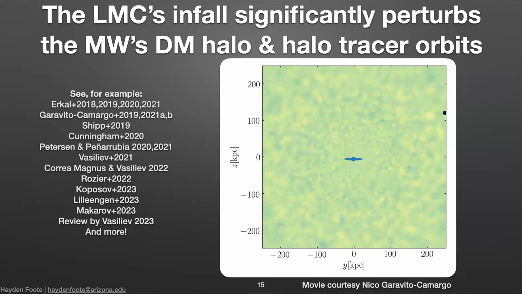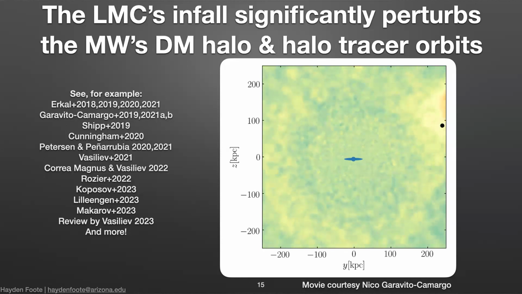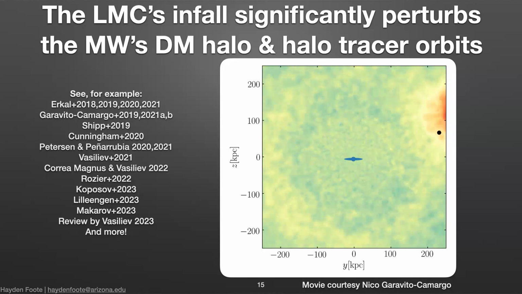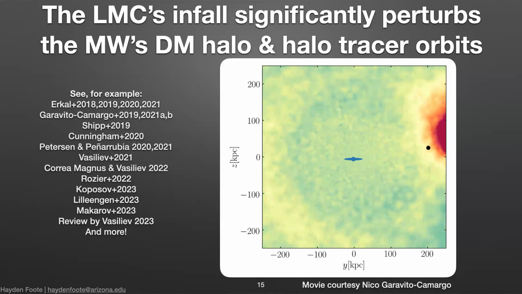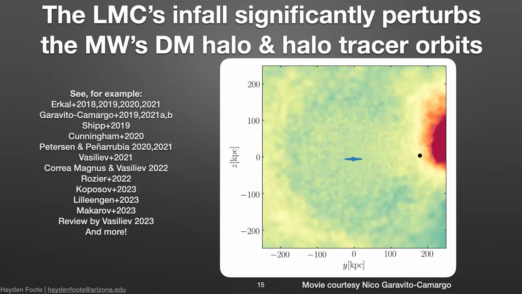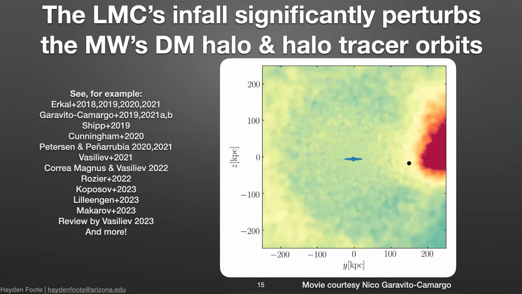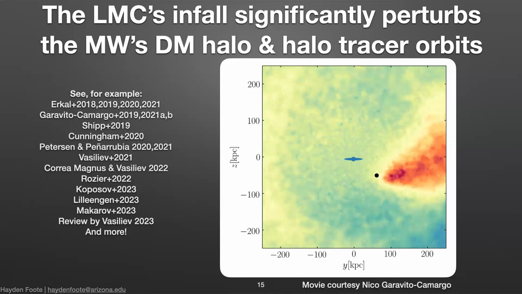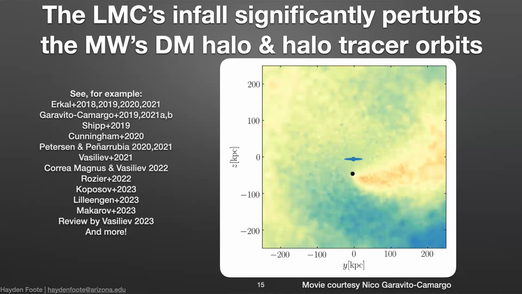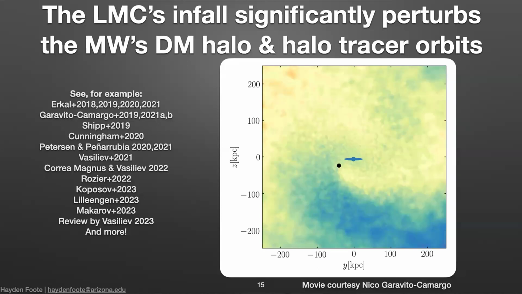If I play this, the first thing you should notice is this big overdensity that forms behind the LMC, trailing it. That's that dynamical friction wave that I mentioned. That's what has the gravity that's slowing down the LMC. Toward the end of the simulation, you'll also see this sort of dipole response where the density increases here and decreases here.